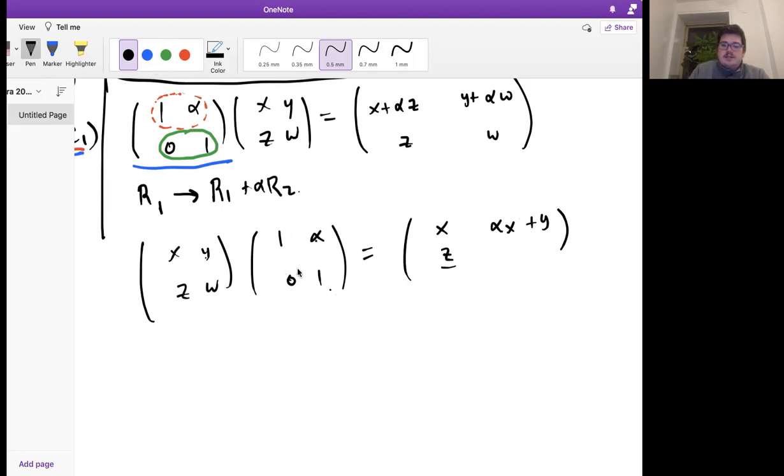And then here is alpha times z plus w. So can someone say what the column operation would be? So which column is changing? The second, yeah. And how is it changing?